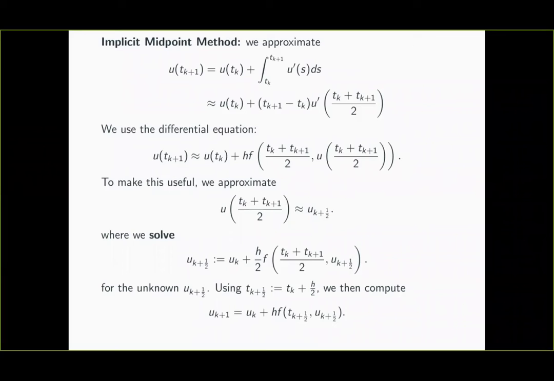Again, we substitute u prime using the differential equation. And just as before, we need an approximation of u at the midpoint of the time interval to make this idea useful. So we still need to define an approximation u_k+1/2 of u at time t_k+1/2.